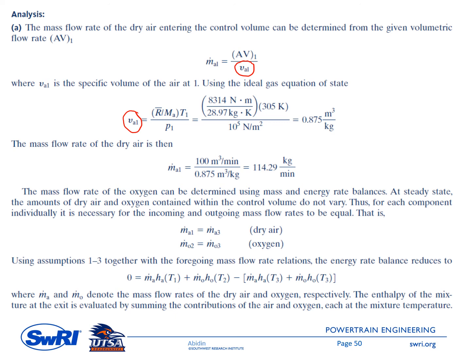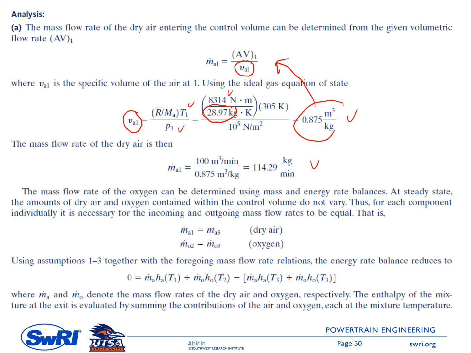T1 is given, P1 is given, the molecular weight of air is 28.97, and R bar is the universal gas constant. If you plug in all the numbers, you have this specific volume, and inserting this into the equation, you will get m dot A, the dry air mass flow rate, of 114.29 kilograms per minute.